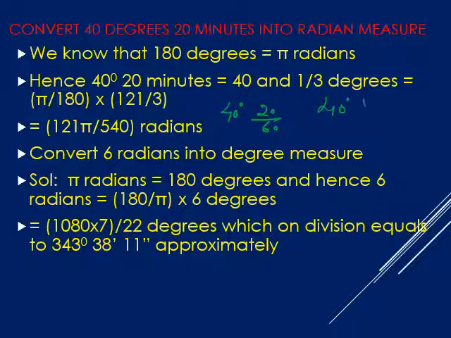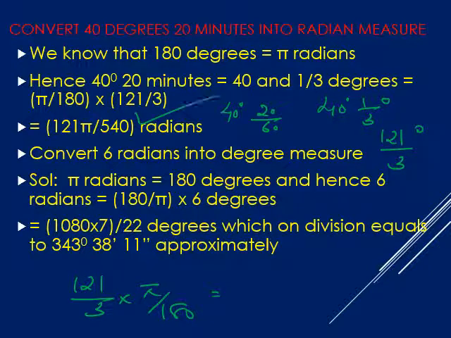That is 40 degree and 1 by 3 degree, which is 121 by 3 degree as a mixed fraction. Now for 121 by 3 degree, multiply with pi by 180. So 121 by 3 into pi by 180. The answer is 121 pi by 540 radian.